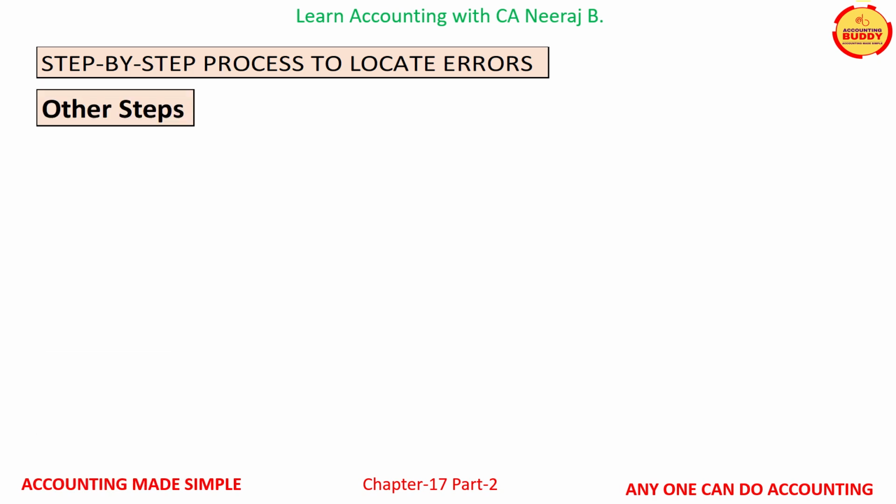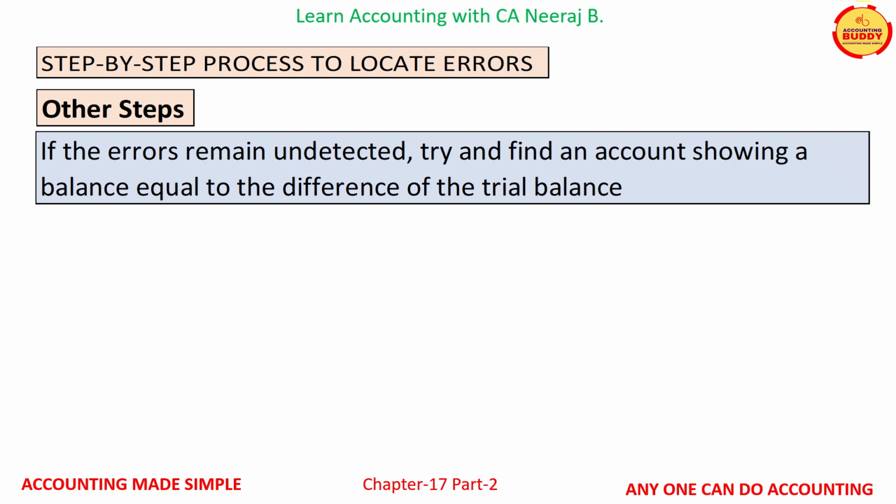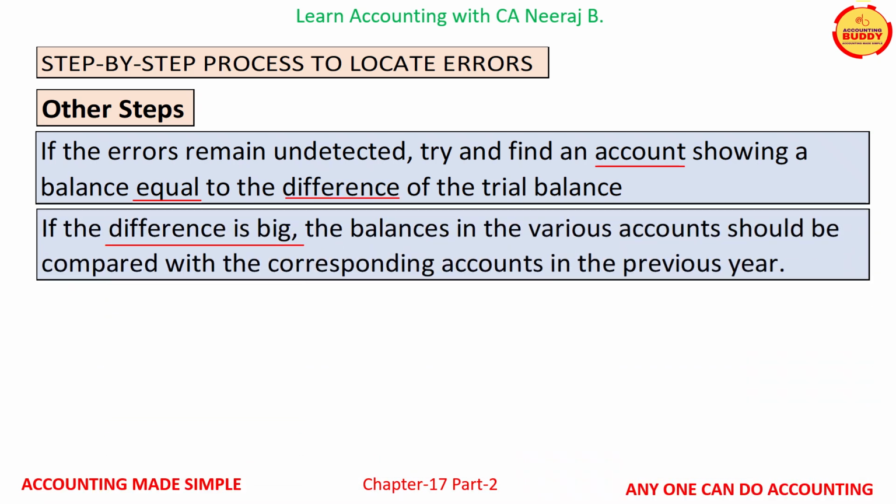Other common steps which are usually followed to locate accounting errors include: if the error remains undetected, try to find an account showing a balance equal to the difference of the trial balance. If the difference is big, the balances in the various accounts should be compared with the corresponding accounts in the previous year.